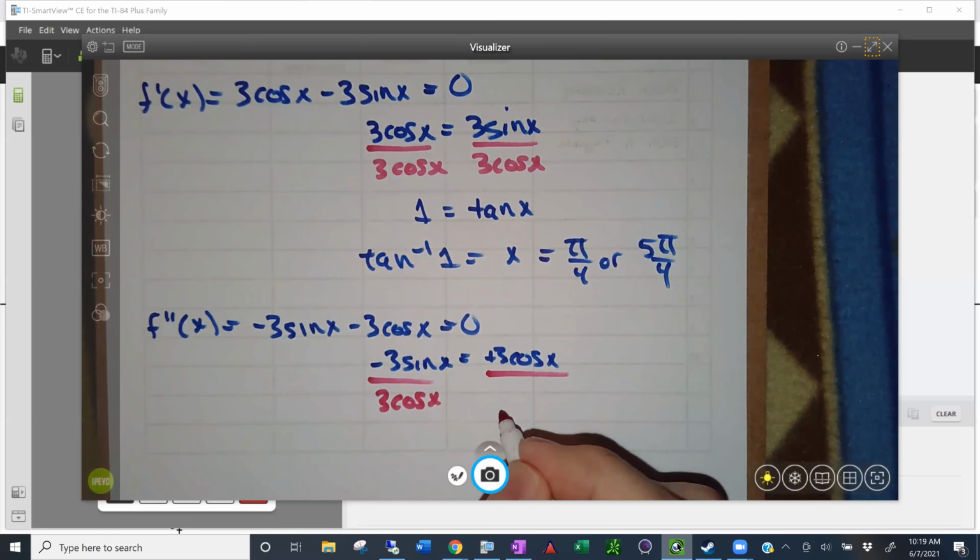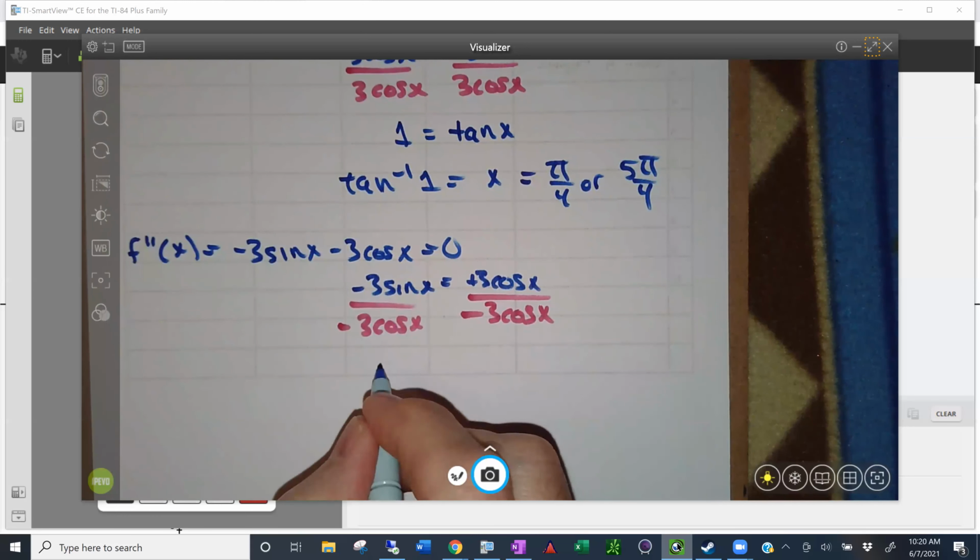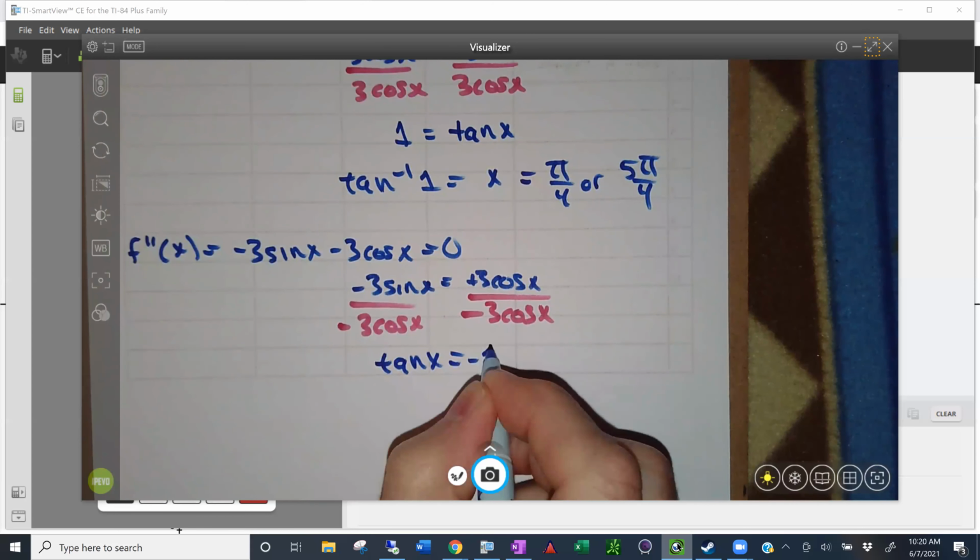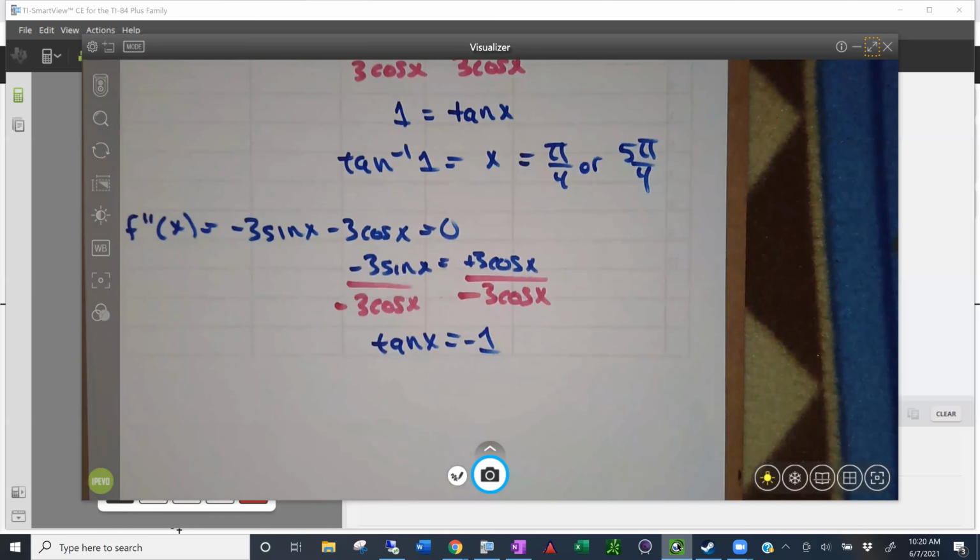Actually, you know what? I'm able to divide both sides by negative 3. Yeah, because I want to cancel out the negative there. So I'll divide by negative 3 cosine of x on both sides. That cancels out the negative here, leaving me with tangent of x equals negative 1. And again, that's going to have 2 solutions.